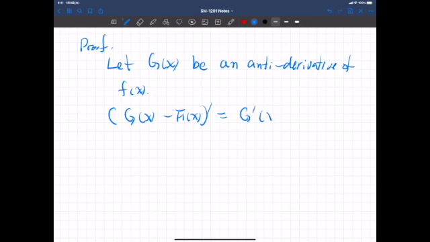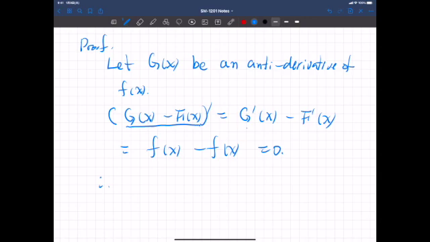This will be g prime minus F prime. But both of them, g and F, are antiderivatives of the same function. So that will be this lowercase f of x minus lowercase f of x, which is 0. Therefore, the original function, this g minus F, must be a constant. And the proof is done.